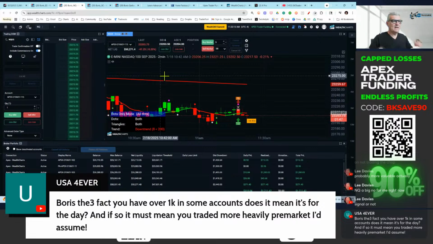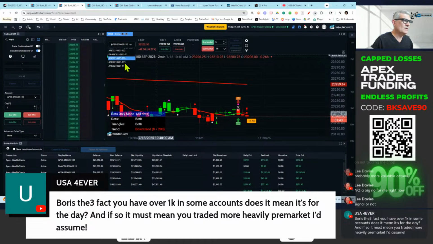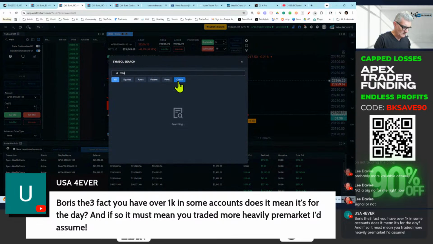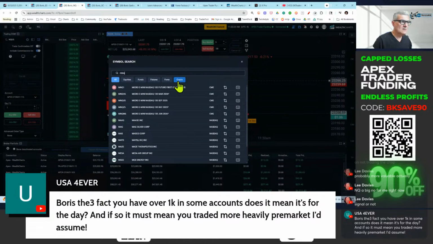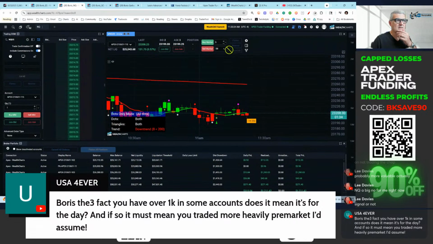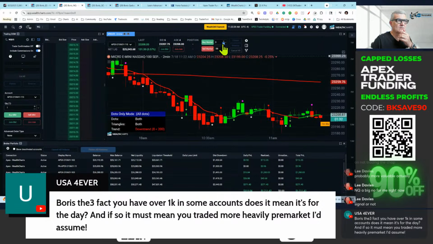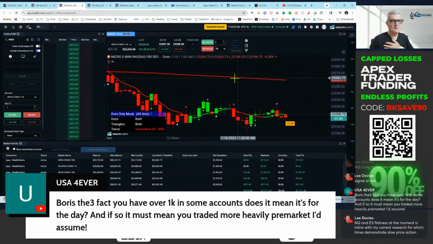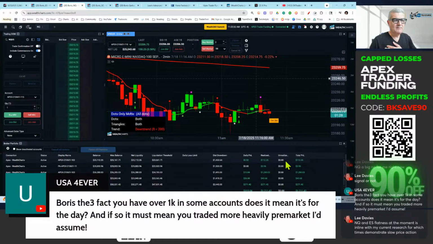Let me go to the real account, the 103. No, sorry, the 110. Let's go to the micros, MNQ, and get the sizing down to 2. Nah, not really. The slope is still kind of red to green. Not a great setup.